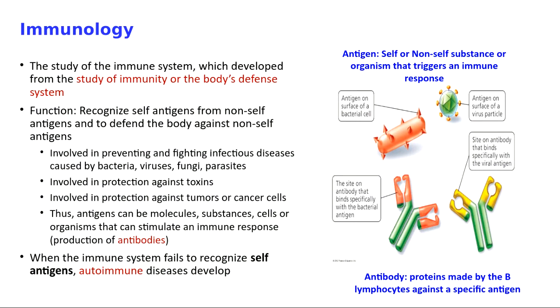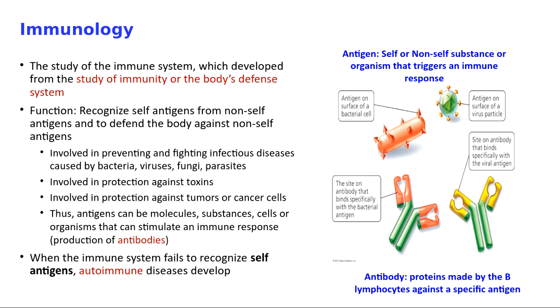Well, not all bacteria are bad, not all bacteria are non-self, but a lot of bacteria are non-self, and when recognized by the immune system, they will be targeted to be destroyed by the immunoglobulins that are made against those organisms, whatever the organism is.